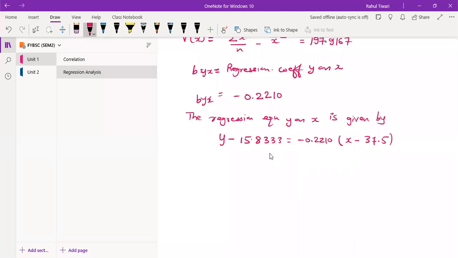So when you simplify these and adjust the terms, you have to write it in terms of y equal to. So y will be 24.1228 minus 0.2210x. Just check whether you are getting this answer and let me know.